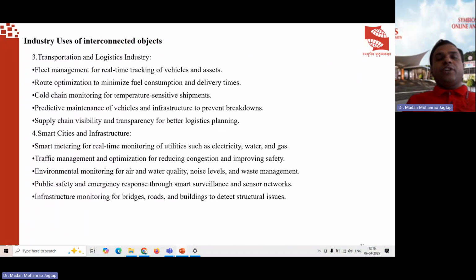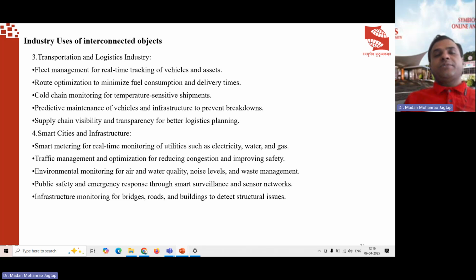Fleet management for real-time tracking of vehicles and assets, route optimization to minimize fuel consumption and delivery times, cold chain monitoring for temperature-sensitive shipments, predictive maintenance of vehicles and infrastructure to prevent breakdowns, and supply chain visibility and transparency for better logistic planning. So these are the uses of interconnected objects.